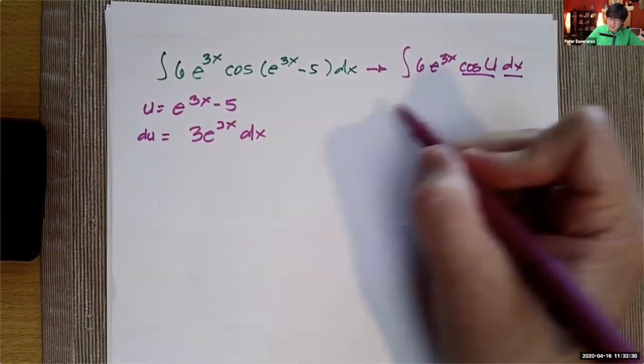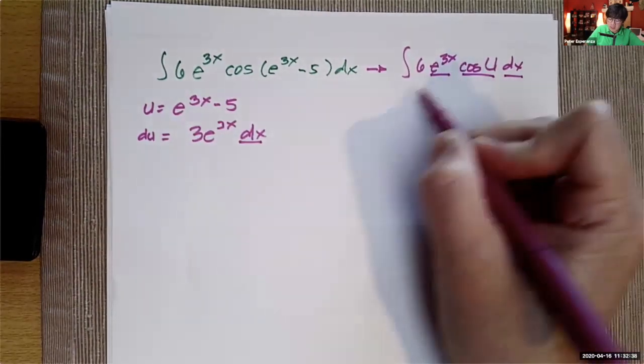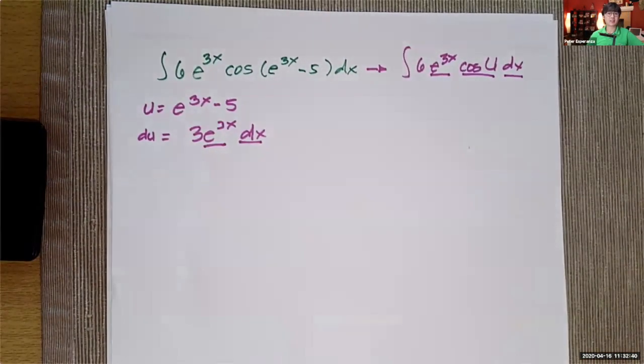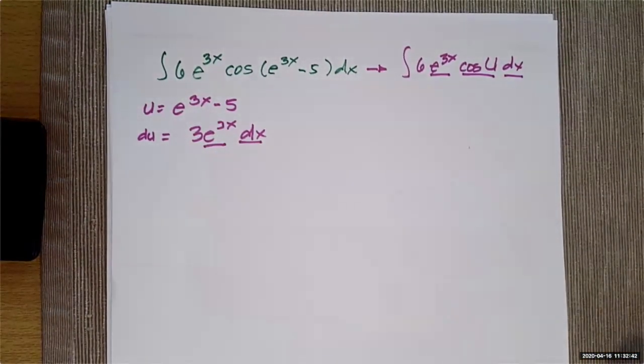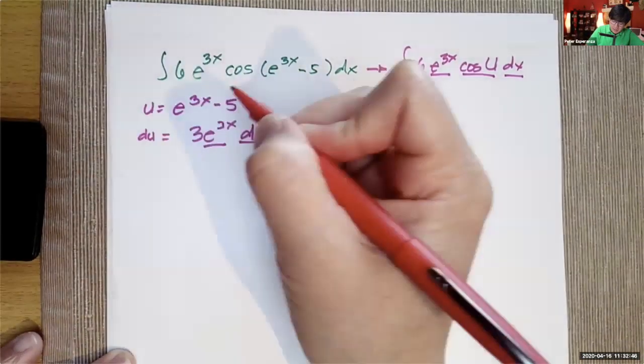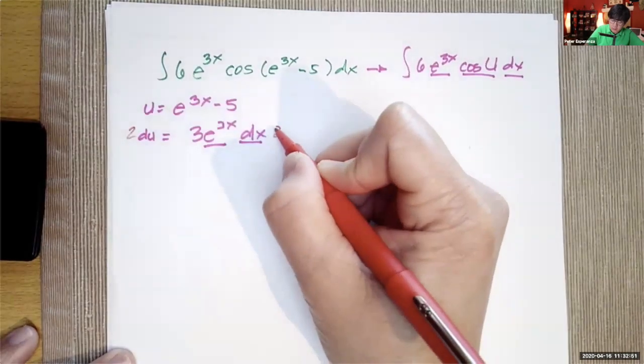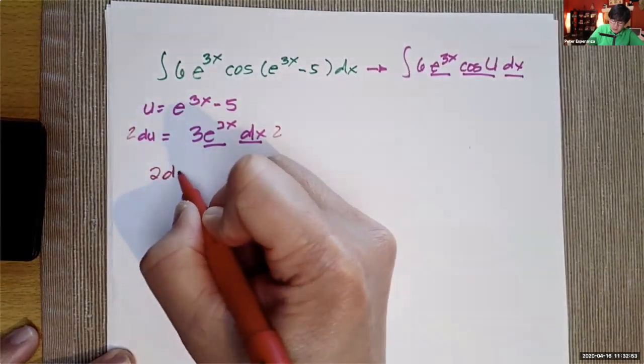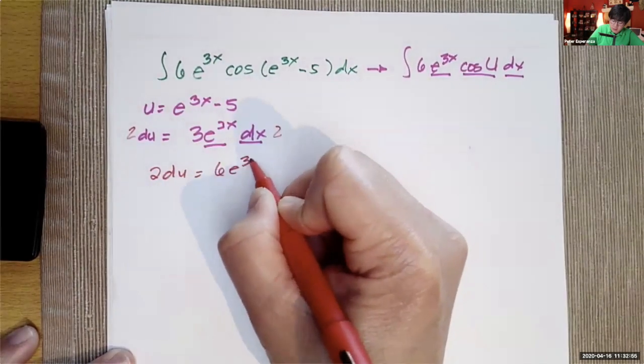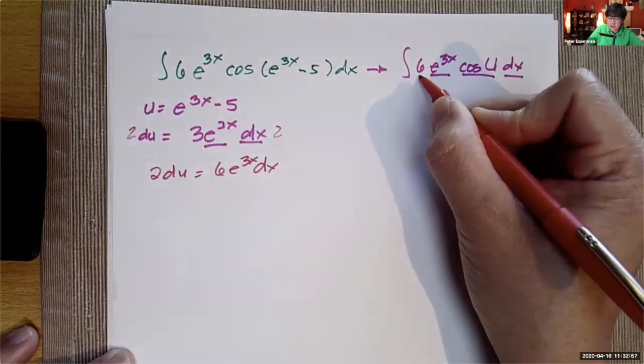We have the dx, we have the e to the 3x, but we don't have the 6. So multiply 2 by both sides. Yes, we're going to do a little bit of algebra. Multiply this by 2, multiply this by 2. So now we have 2 du is equal to 6e to the 3x dx, which is now identical to the function.